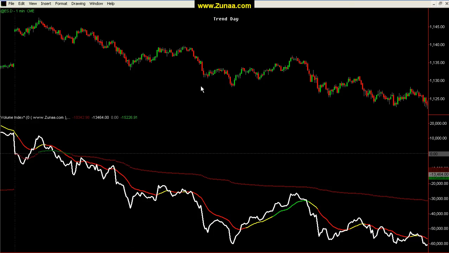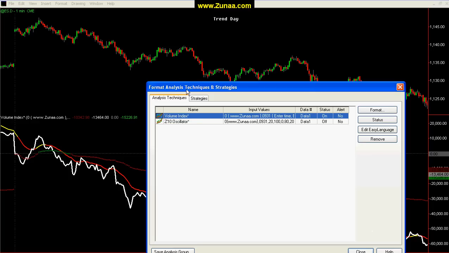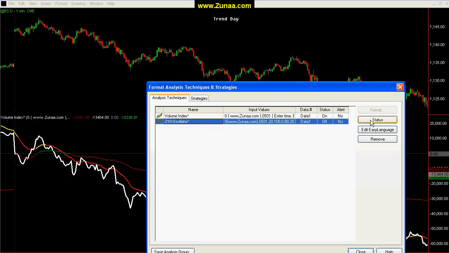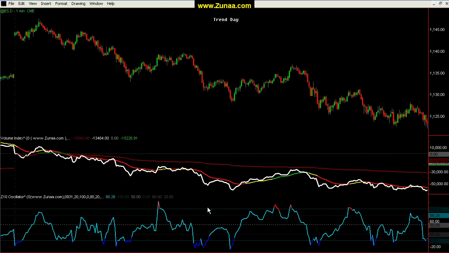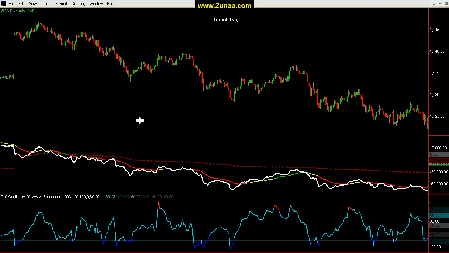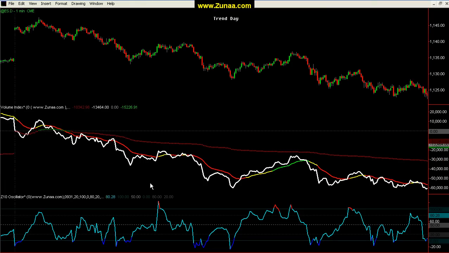So here, my favorite indicators are the Z10 oscillator and the VB oscillator, the volume breadth oscillator. I'm going to turn the Z10 on. The Z10 can be used on any market, and that's why I'm showing it here. If you're an index futures trader or stock trader, or you trade the US stock market, then I would highly recommend also using the VB indicators, just to make sure that you don't miss any nice signals.